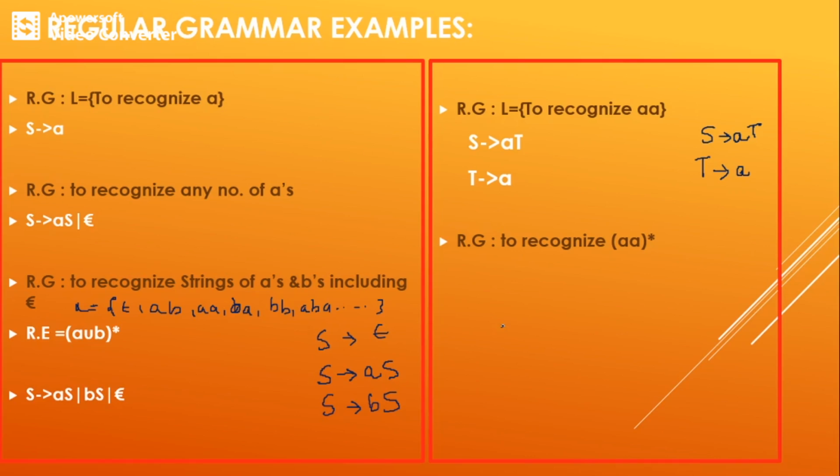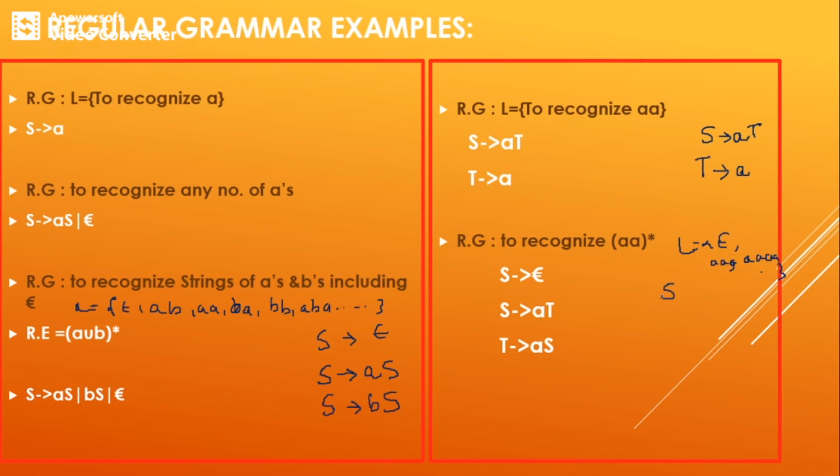And then how to recognize (AA) star? There has to be AA, or epsilon, and then AAAA and so on. How do I get that? Since star means the language will contain epsilon, then AA, and so on.